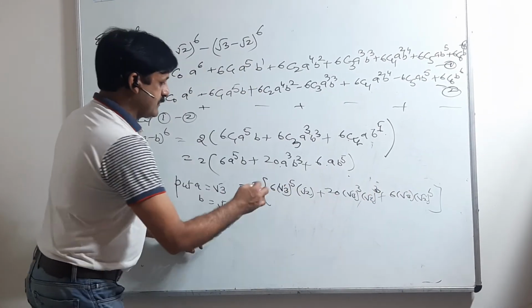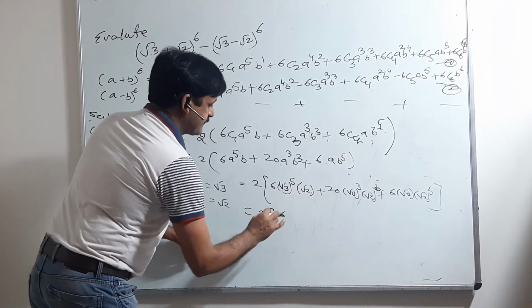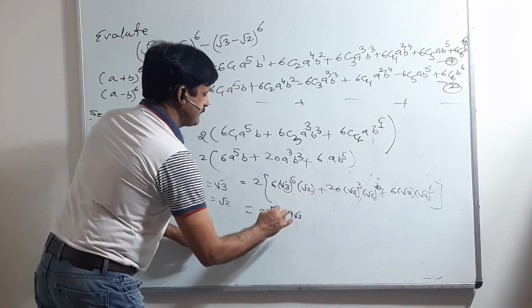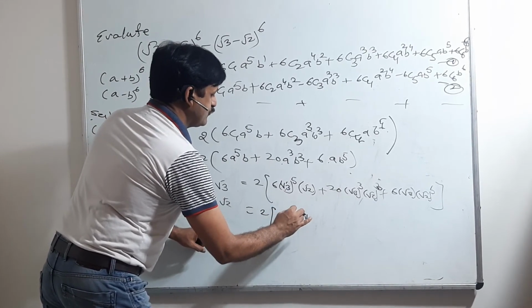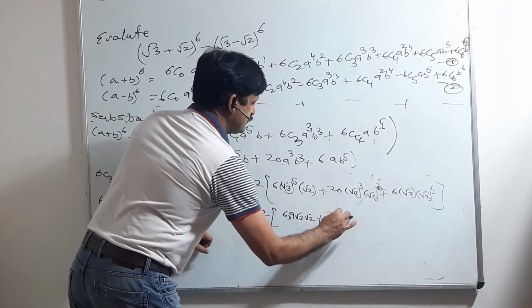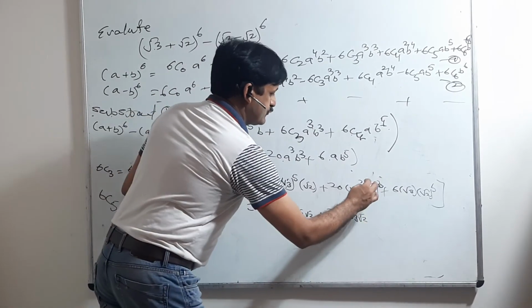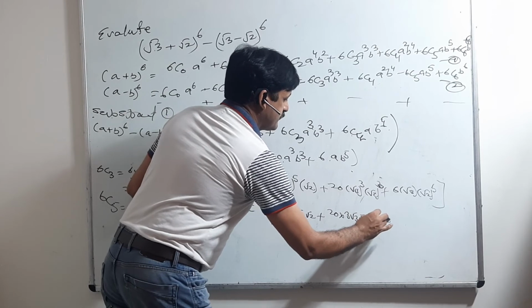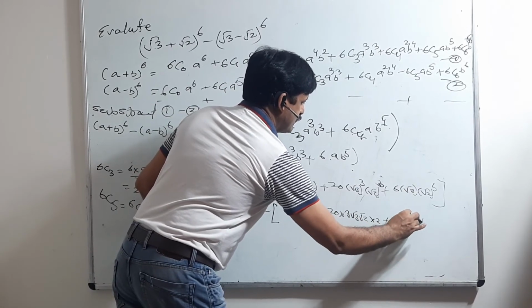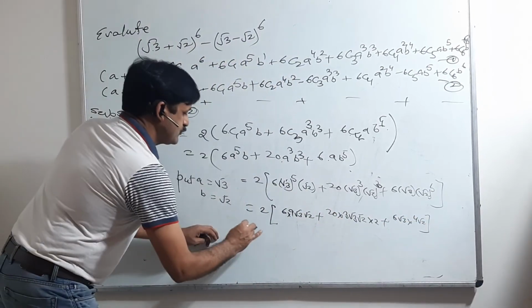Further solve: 2 times 6, this becomes 9 root 3 into root 2, plus 20, this is 3 root 3 into root 2 into 2, plus 6 root 3 into 4 root 2.